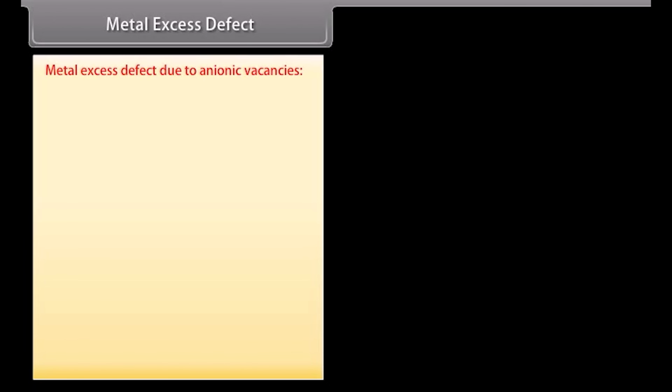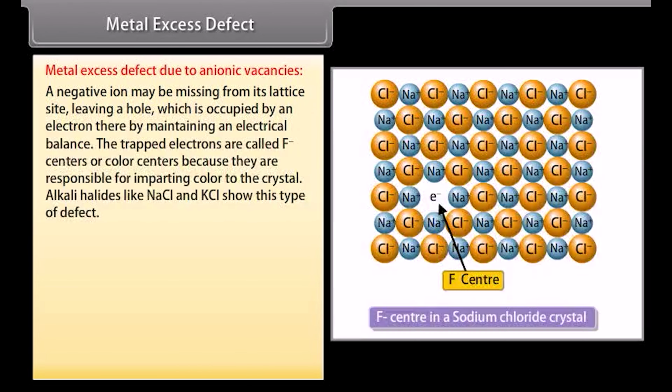Metal excess defect due to anionic vacancies: a negative ion may be missing from its lattice site, leaving a hole which is occupied by an electron, thereby maintaining electrical balance. The trapped electrons are called F centers or color centers because they are responsible for imparting color to the crystal. Alkali halides like NaCl and KCl show this type of defect.